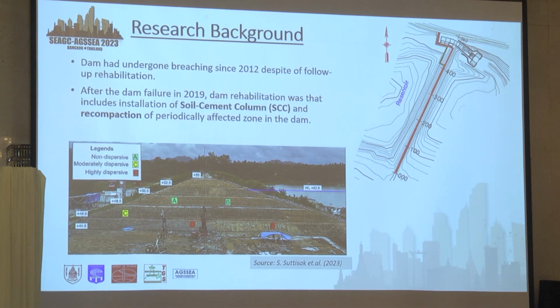When the rehabilitation work was carried out, the soil cement column and the excavation work were carried out simultaneously. After the excavation work, the excavated slope was found to be highly dispersive, as per the previous research that Ajahn Sutisak had carried out. After the dispersive soil was found, the partial work of the soil cement column was already completed.